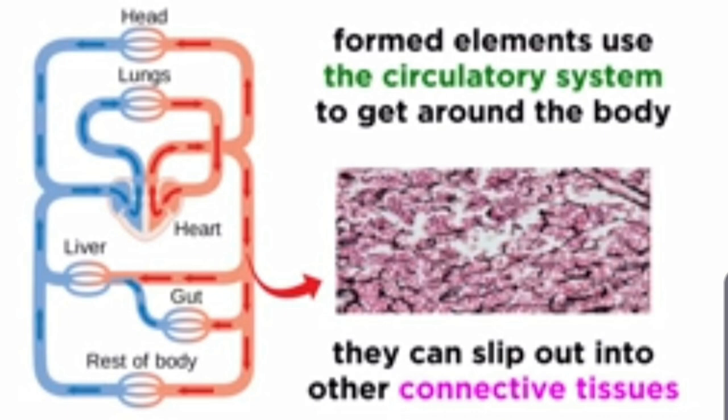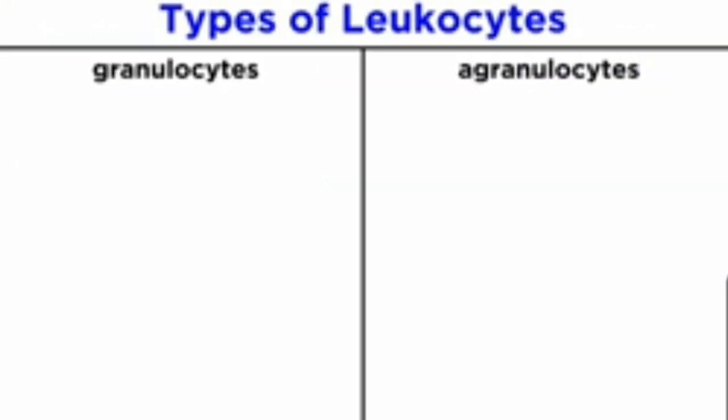to do their work. There are two types of white blood cells, granulocytes and agranulocytes, which differ in the presence and absence of granules.